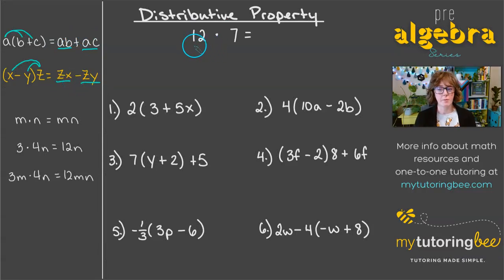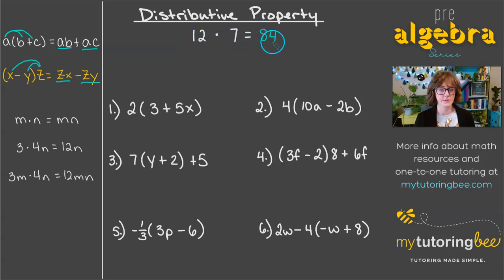The distributive property, you probably already know it, but maybe not with variables or algebraic expressions. Let's take this 12 times 7 and use that to help us understand how the distributive property works. So 12 times 7 gives us 84, right?